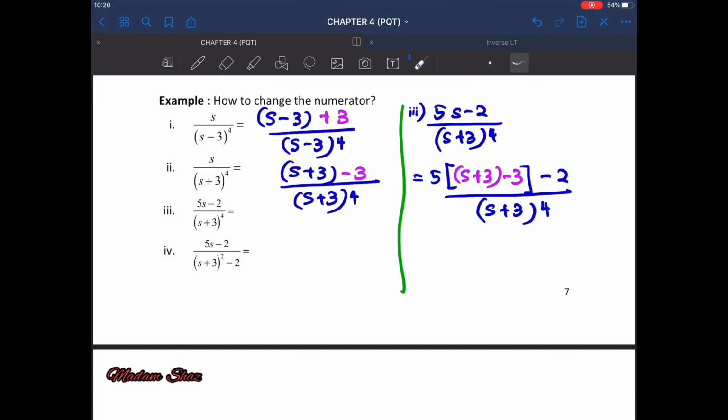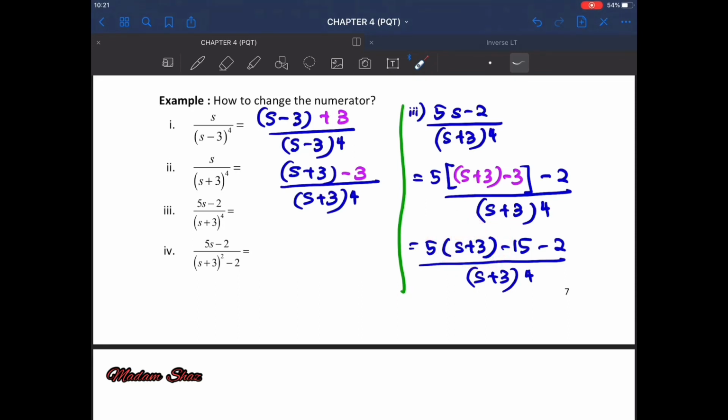So now if we have a constant at the front here, the constant should be multiplied inside but only at the front of the square bracket. 5 multiply (s plus 3), 5 multiply with the negative 3, negative 15. Negative 2 at the behind here, minus 2. Divide the whole thing by (s plus 3) to the power of 4. Okay, so (s plus 3) here, we are not going to multiply everything.